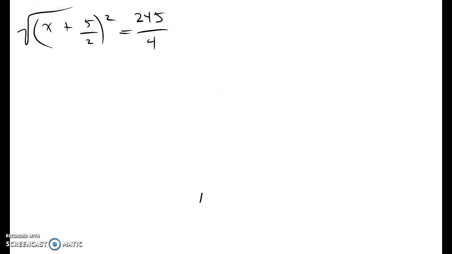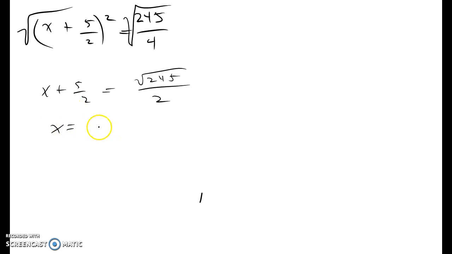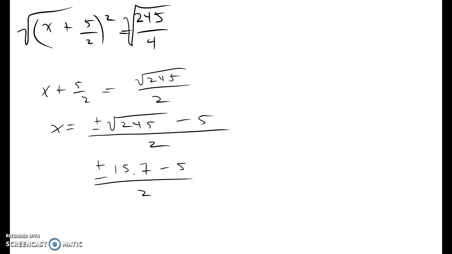Okay, square root of both sides, and we wind up with x plus 5/2 is equal to the square root of 245 over 2. We're going to subtract 5/2 from both sides, and we have x is equal to the square root of 245 minus 5, because we're subtracting 5/2, all over 2.